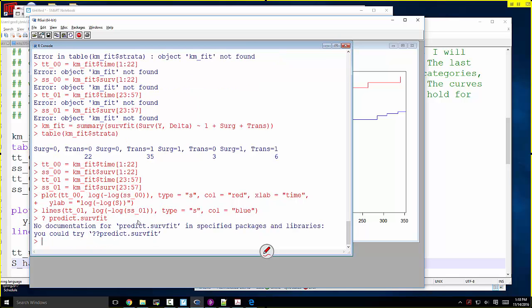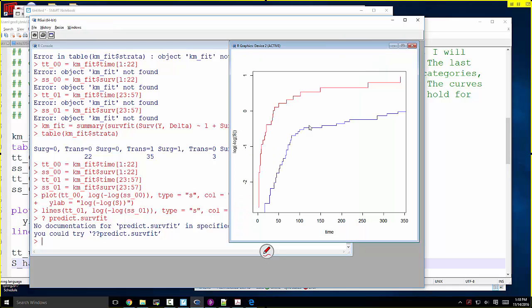I'd have to think a little bit about how to do it, but I think we could do it. We would just need to somehow get out interim points on the survival curves. Let's see if I can figure out how to do it for next time.